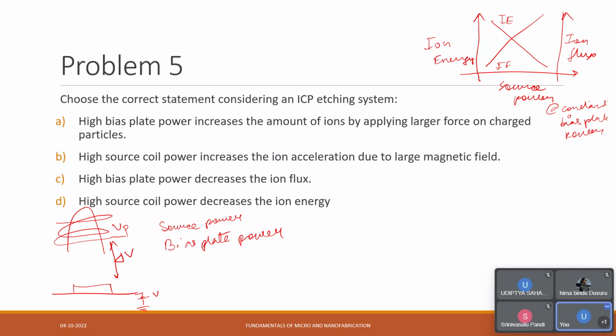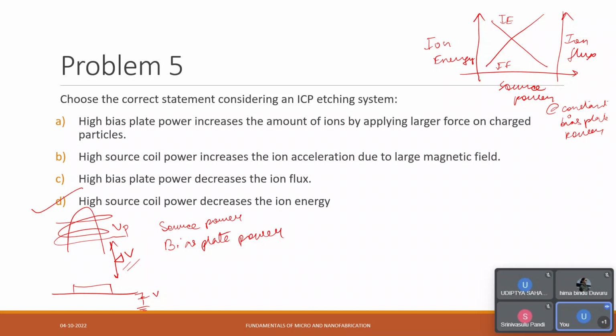If the source power goes high, the potential of the plasma also goes high, and this decreases the potential difference between the plasma and the base plate, so the ion acceleration is low. So with high source coil power, we get less energy.